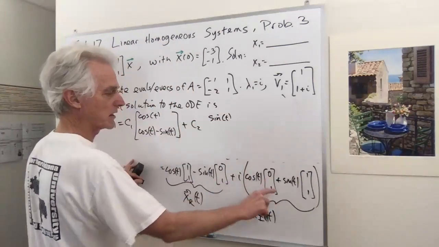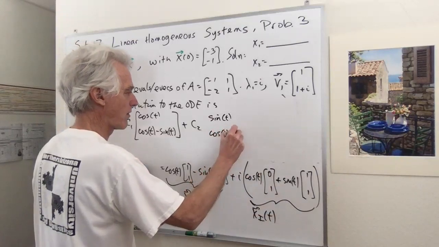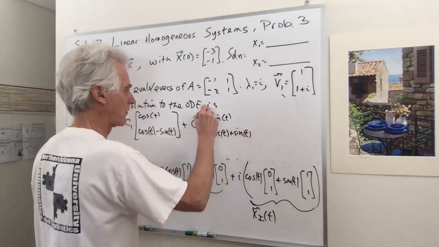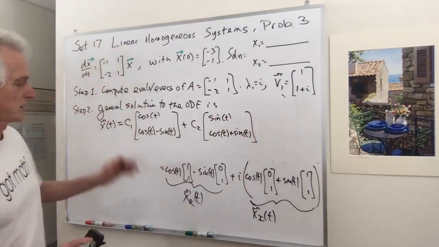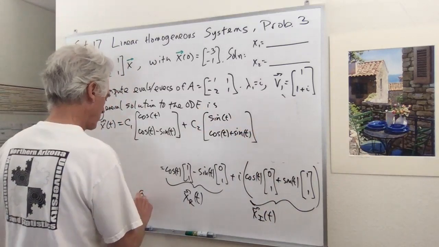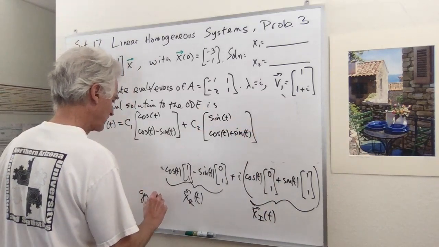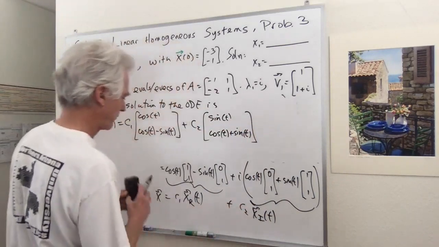And on the bottom, we've got cos t plus sine of t. Okay, that's c1 times xr plus c2 times xi. General is x equals c1 plus c2, right?